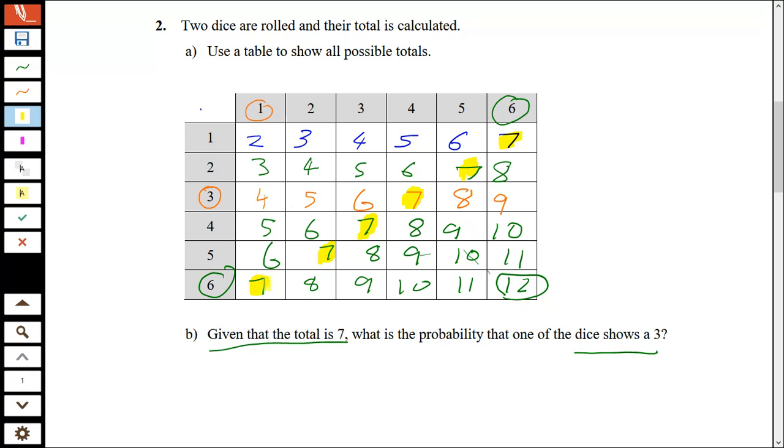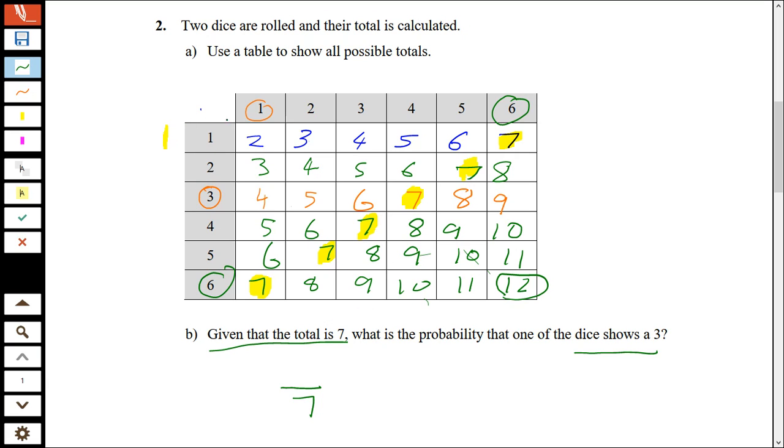These are all the 7s. How many 7s are there? 1, 2, 3, 4, 5, 6, 7s. So we're selecting from 6 7s, and what is the probability that one of the dice shows a 3?